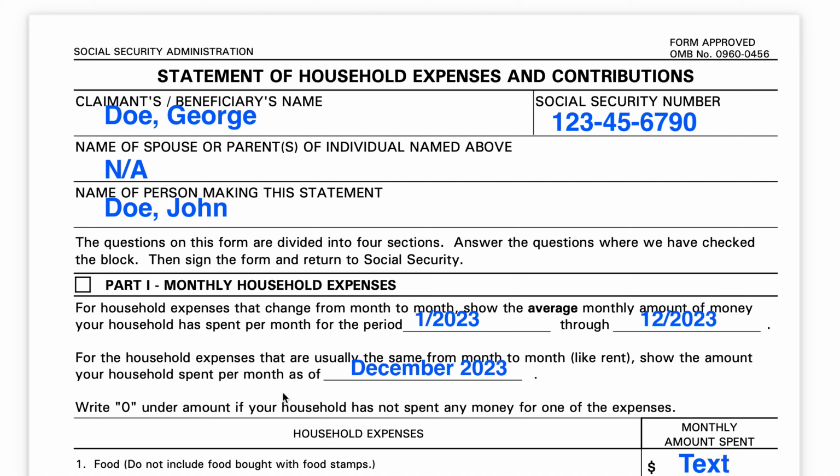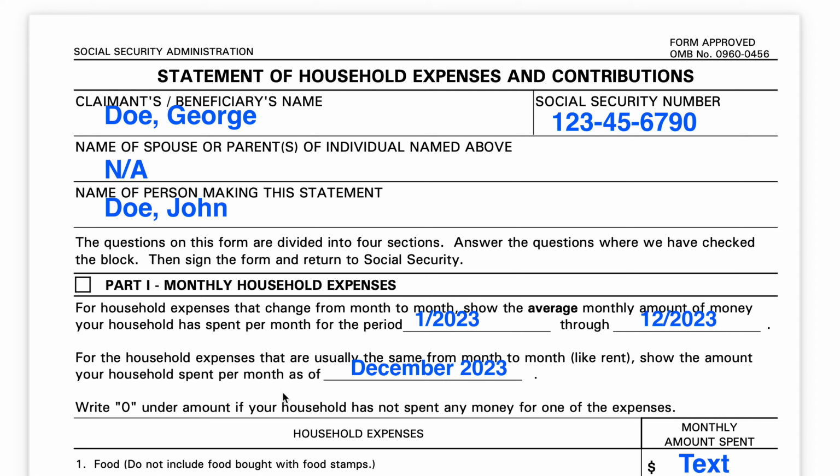Well, the Social Security Administration has certain provisions. For people that are claiming benefits, particularly supplemental security income, those benefits are intended to help offset household expenses.